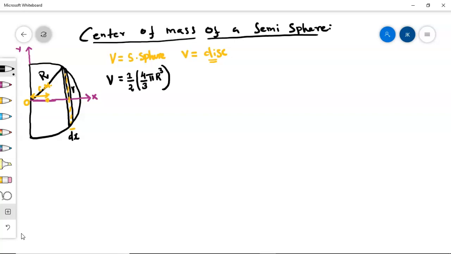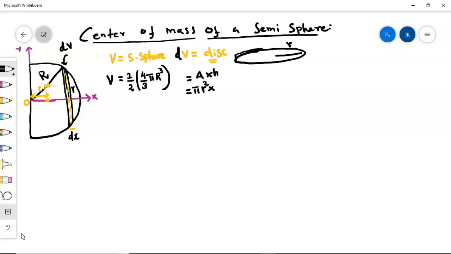Now we cut the small piece. This volume we will take as delta V, dV. So here is a dV. The volume of the disk is area multiplied by height. The area of the disk is a circle, so it is pi r squared, simple r, because the radius of the cut piece is r, multiplied by the thickness.